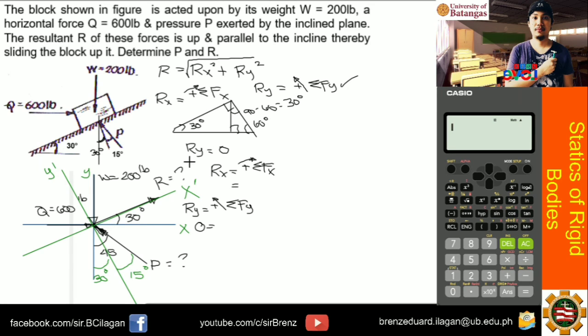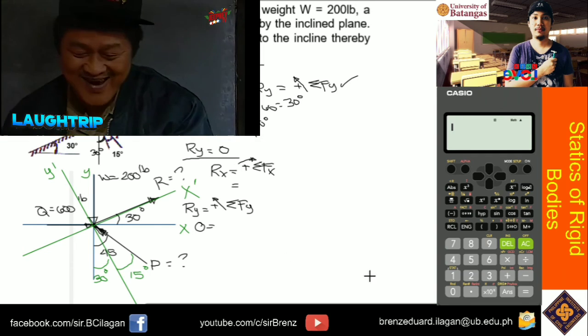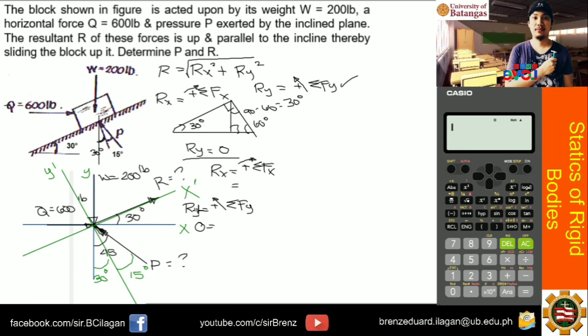Or may mapalabas tayong isang equation kasi with this new axis, alam natin na ang Ry mo will be equals to 0. Okay. So balik tayo dito. Ry, summation of forces y. So unahin natin si 600 pound, yung Q. Okay. So from this, if titingnan mo mabuti yung force natin, di ba pag ganito yung direction niya?